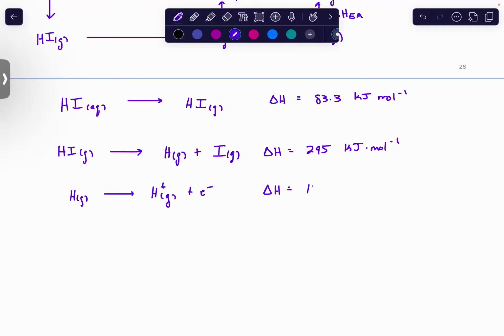So we're going to inject 1312 kilojoules per mole. And then we're going to work with iodine's electron affinity. This one is going to release energy.